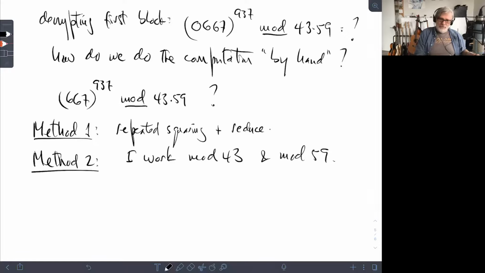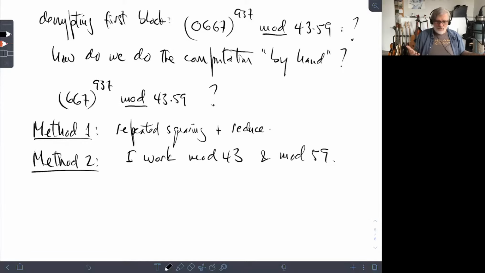So I'm going to work mod 43, and then I'm going to work mod 59, which is much smaller. And in the end, I'm going to get two values, one mod 43, one mod 59. Chinese remainder theorem says there is only one number, mod 43 times 59, that does this. So that's the number I'm looking for, okay? So I will have to work a little extra to find it, but my computations have been much simpler, it seems to me. I mean, maybe I didn't try it. I didn't try repeated squaring and reducing directly, but I wanted to try it out, mod 43, mod 59.